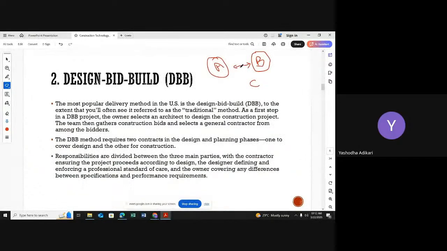But here, sometimes I don't know who was the designer. I don't know what they're expecting from this kind of design. I have no idea about the design before starting the construction activity. Imagine I was the contractor. So this is the main issue in this procurement method. There is no interconnection between the design team and the construction team. That's why I told you, if I want to make any design change, first I have to contact my design team.